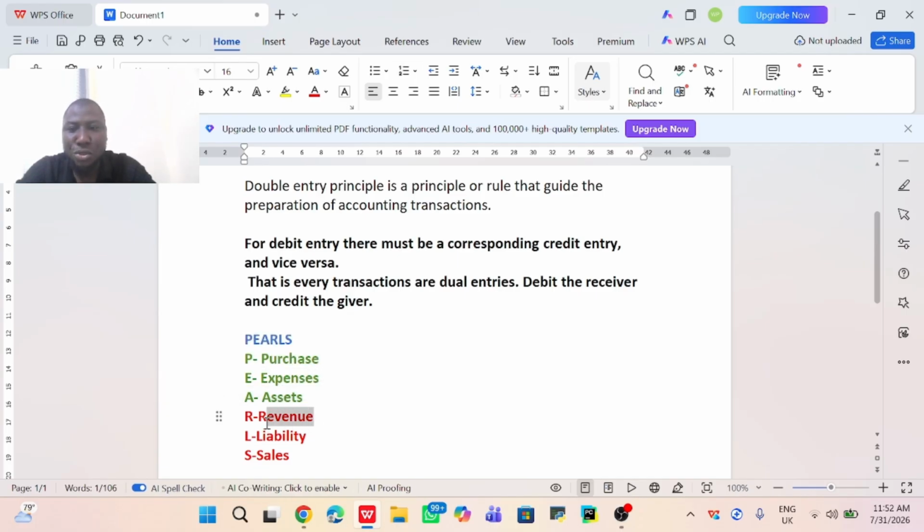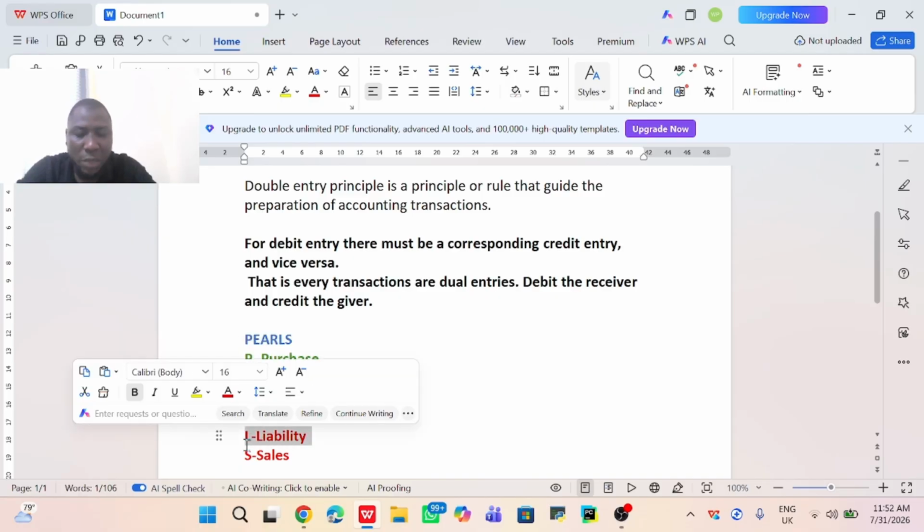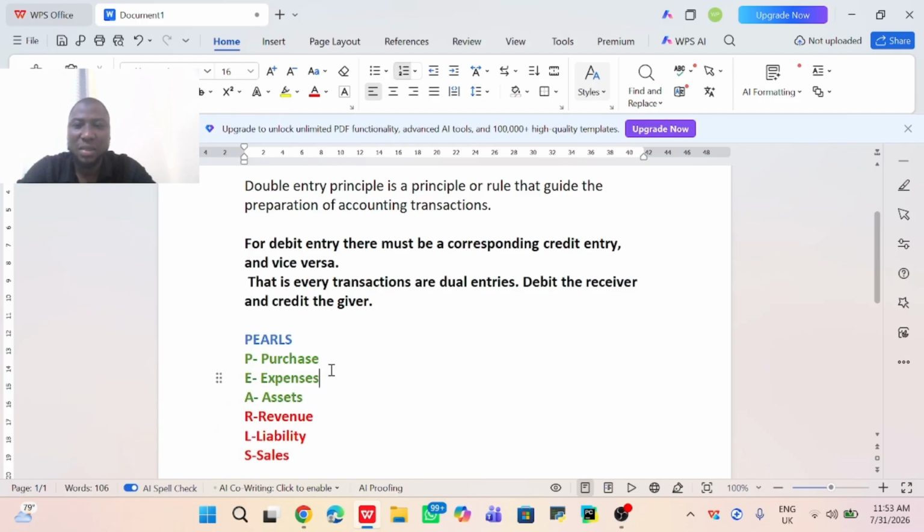Whenever you earn a revenue, that revenue will be credited. Whenever you have a liability, you owe someone money, that amount of money will be credited. Whenever you sell goods, those goods that you sold will be credited. So simple as that. So let's take some examples so that we can understand what we are saying. Don't forget, you debit the receivers and credit the givers.